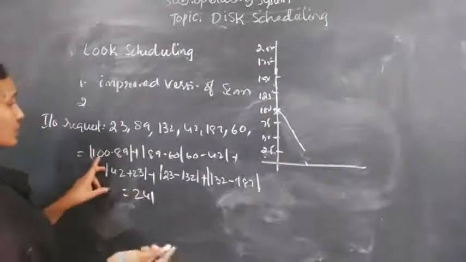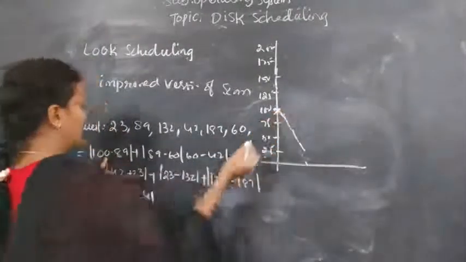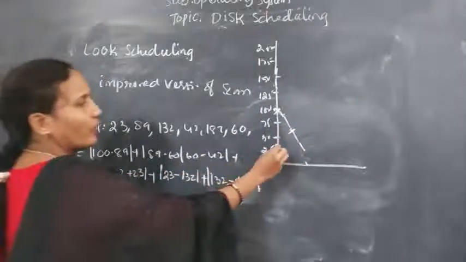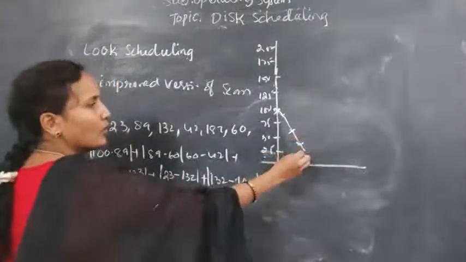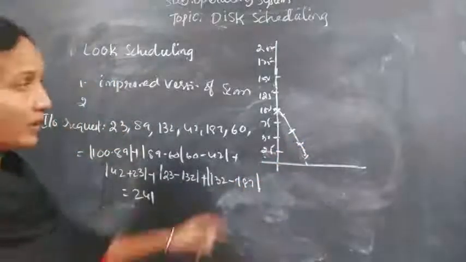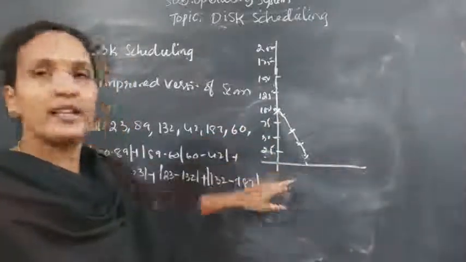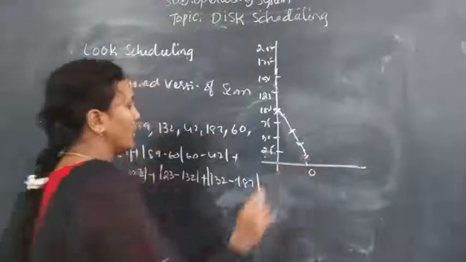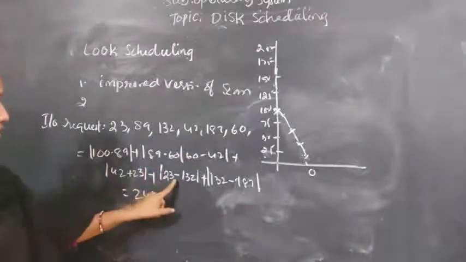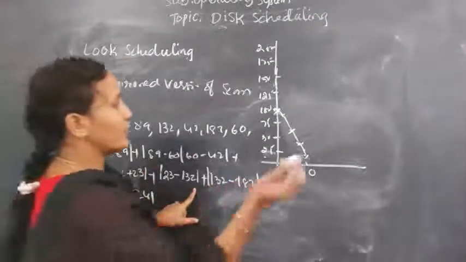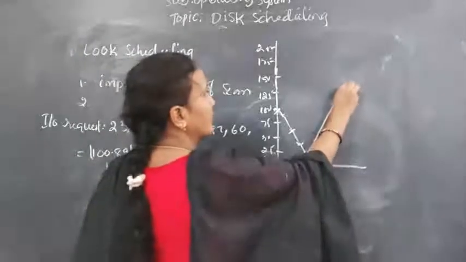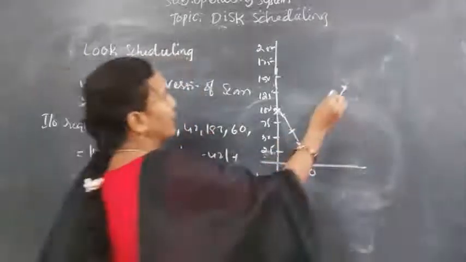In the previous algorithm, it would move to the end, like 0. But here it is not moving to 0. Again, 23 immediately to 132, and then 132 to 187.